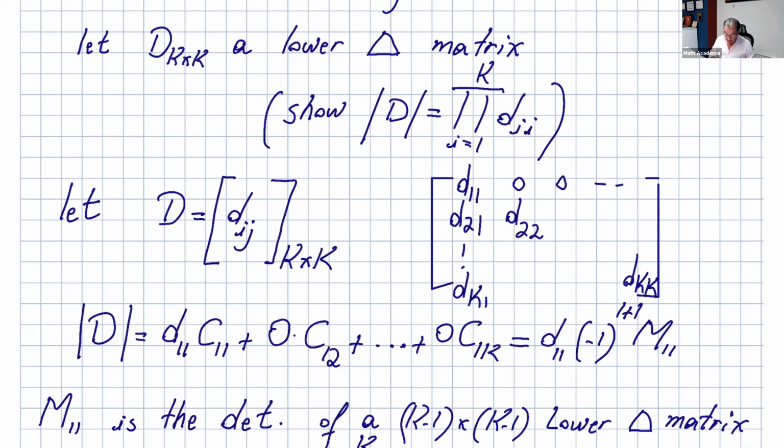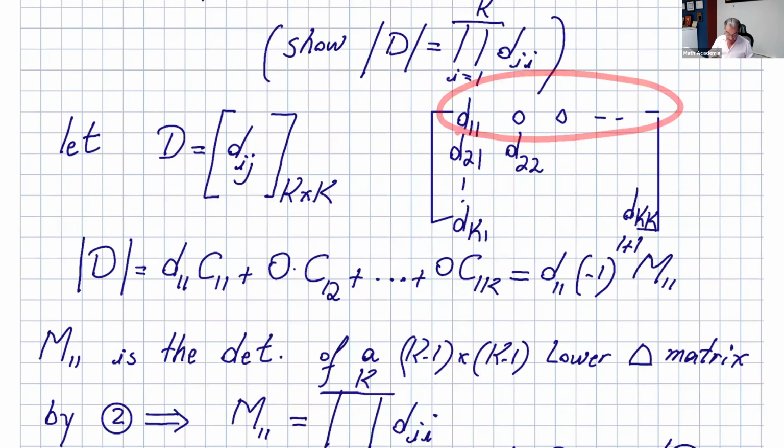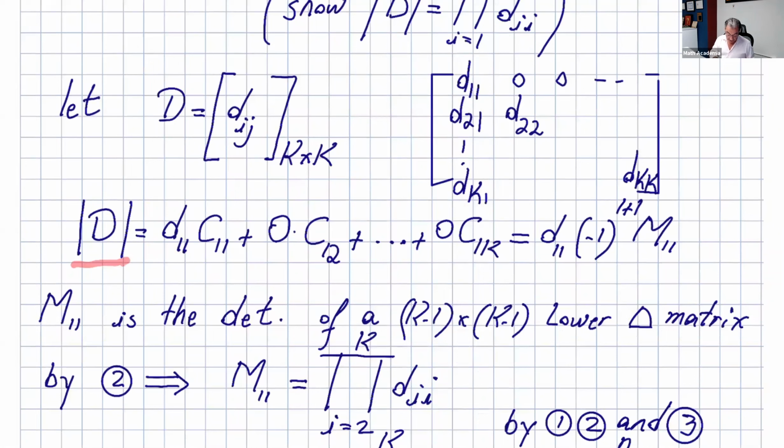Let's expand along the first row just like we did. So the determinant of D is going to be D11 times the cofactor C11, which is negative 1 to the power of 1 plus 1 times that determinant. If you go to the second one, it's going to be 0 times C12, but again, that's going to be 0 and so on. These are 0 until 0 times C1k. So all these are 0.